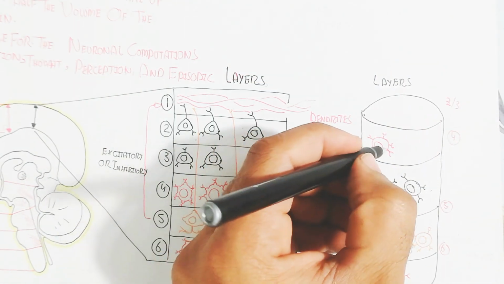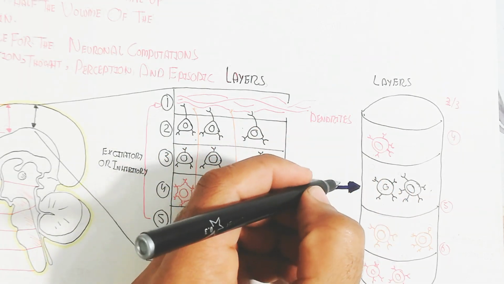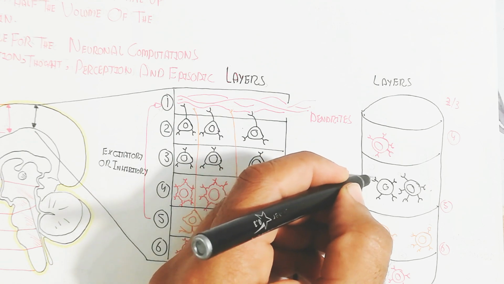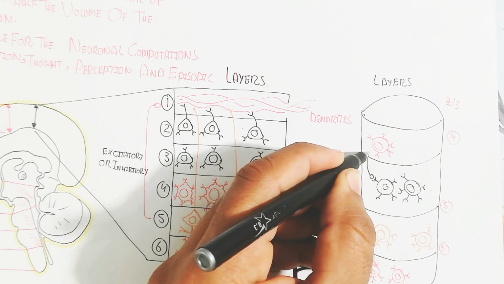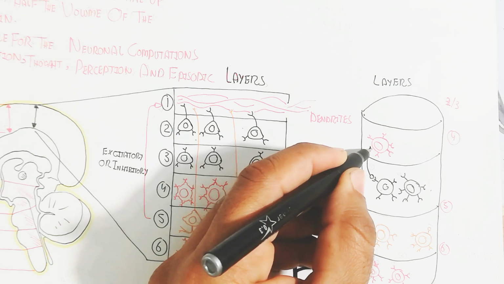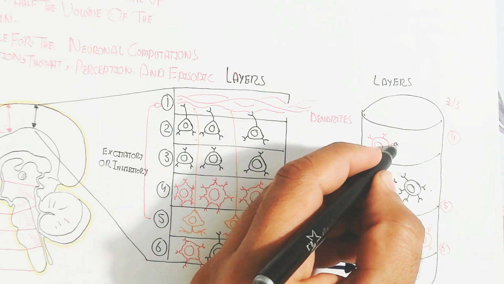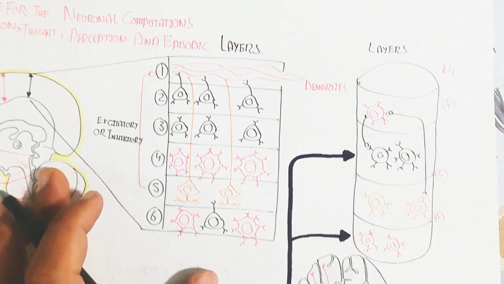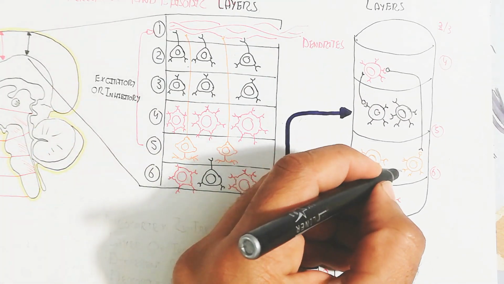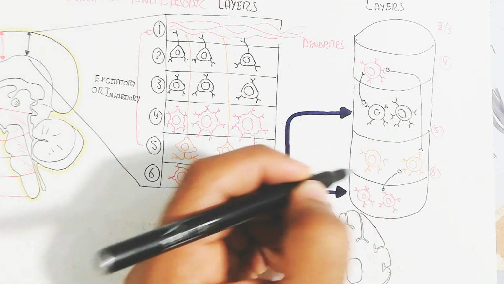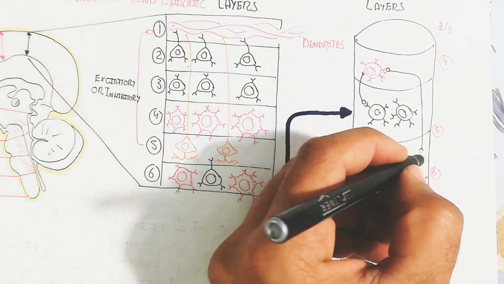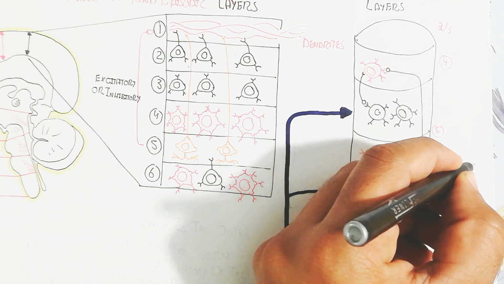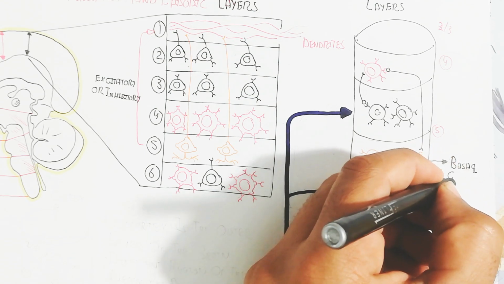In this way, the fourth layer's targeting leads to transmitting the signal to the third and second layers. In this way they are interconnected, and the signal is transmitted through synapses, and synaptogenesis will occur for neuroplasticity to improve learning within the layers of the neocortex. In this way it will transmit the signal to the fifth layer of the neocortex.